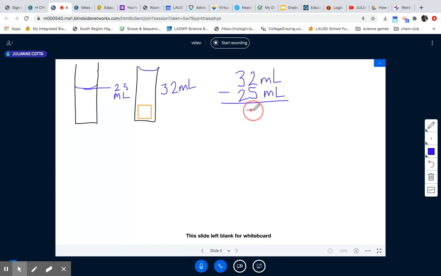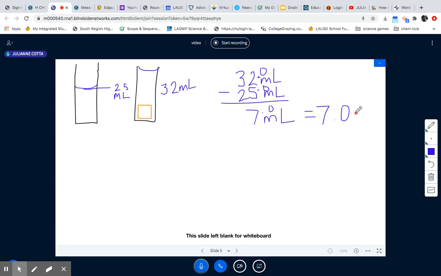So if I subtract those two, then just 7 milliliters is the volume of my cube. I should have put more precision here, a 25.0 and a 32.0, so that's my fault. And then this would be 7.0 as well. So let's say this is 7.0 milliliters.